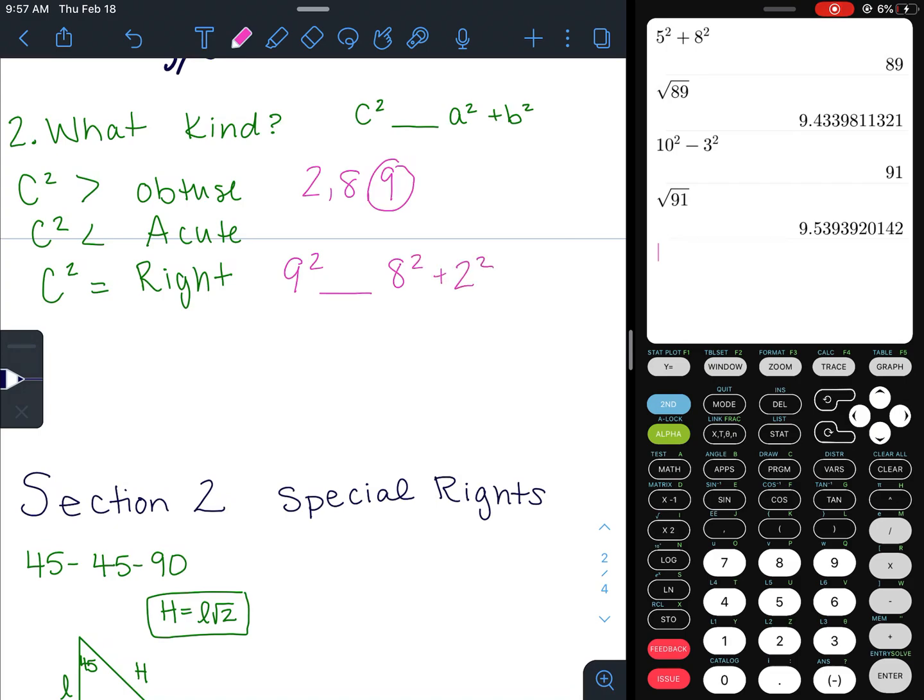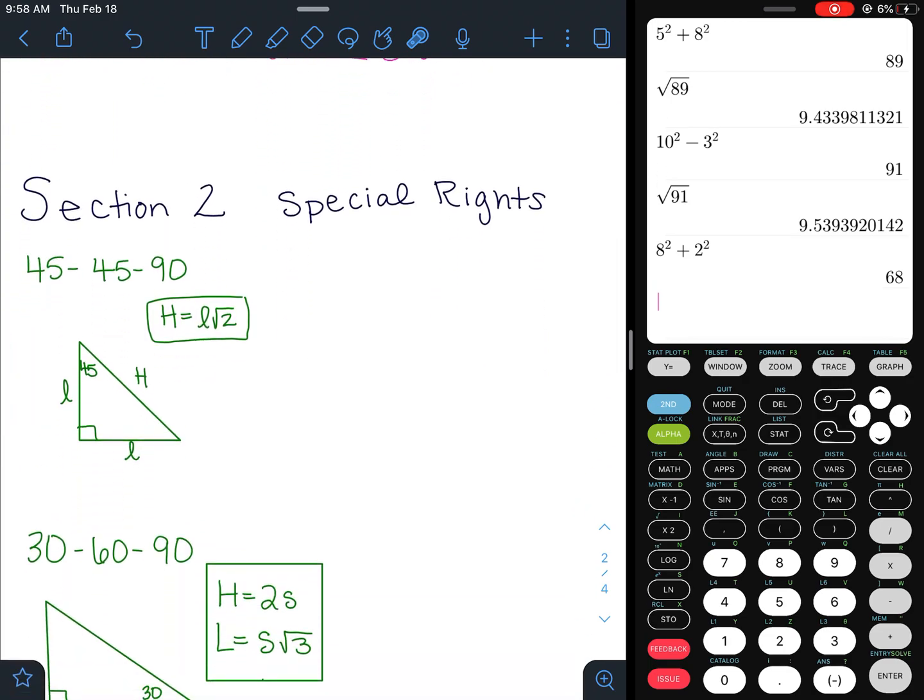Again, I'm going to type this in my calculator. 9 squared we know is 81. 8 squared plus 2 squared is going to be 68. Because my c squared is bigger, that's an obtuse. If it were to be smaller, that's an acute angle, and if they're equal, of course, that's when we have a right triangle.